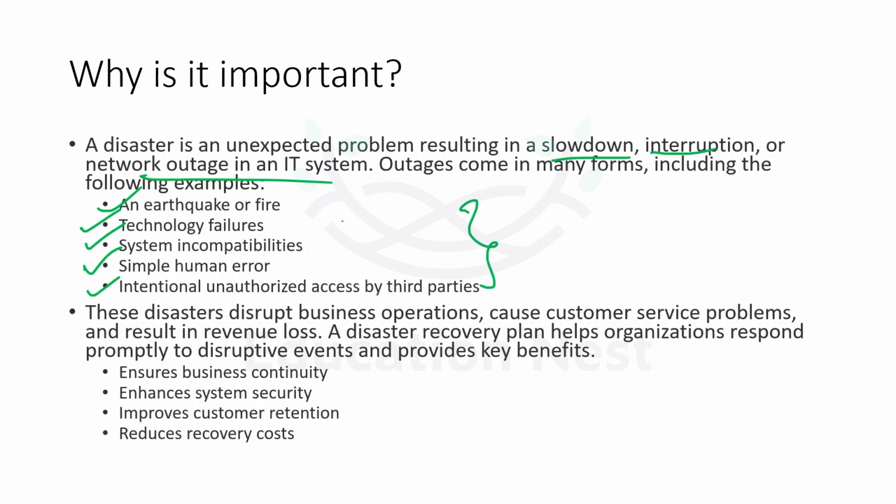When Google is down even for 1 hour 15 minutes, the shares drop drastically. So huge firms cannot tolerate these disasters. A disaster recovery plan helps organizations respond promptly to these disruptive events.